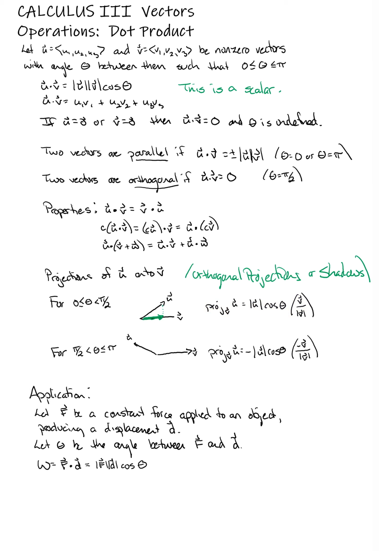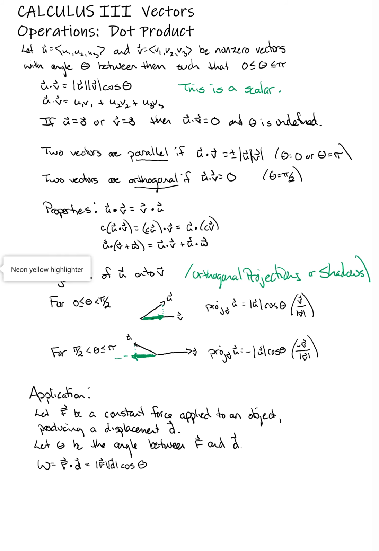If we're looking at the angle being between pi over 2 and pi, then the way we would consider this shadow is I would actually think of v going in the opposite direction. So I've got this opposite value here, and then take its shadow. And so this would be our projection here.